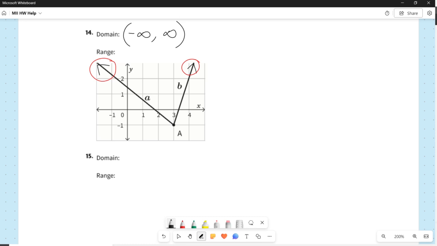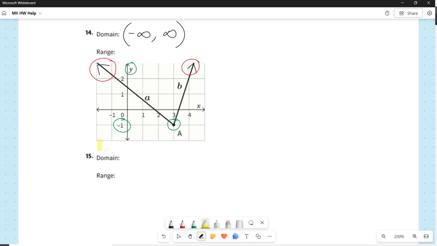For the range, we're going to see something similar but not exact. And the reason is because, remember, the range is dealing with the y coordinates. And with the y coordinates, notice that we do have a lower bound here, right? This graph, the lowest possible y value is -1.